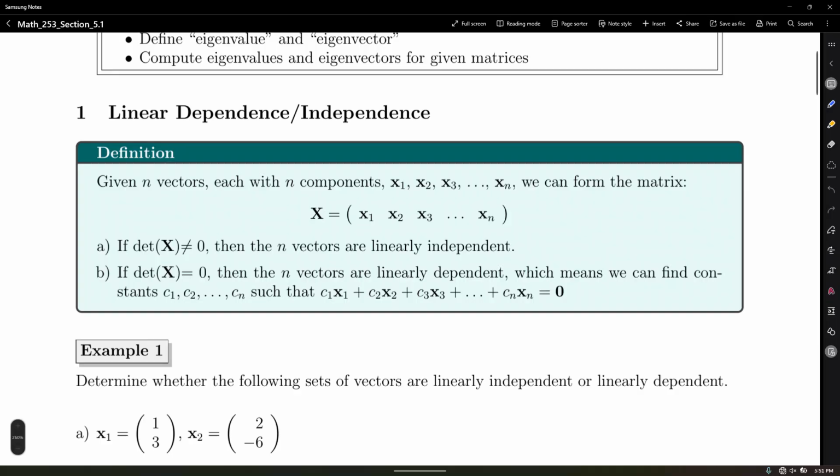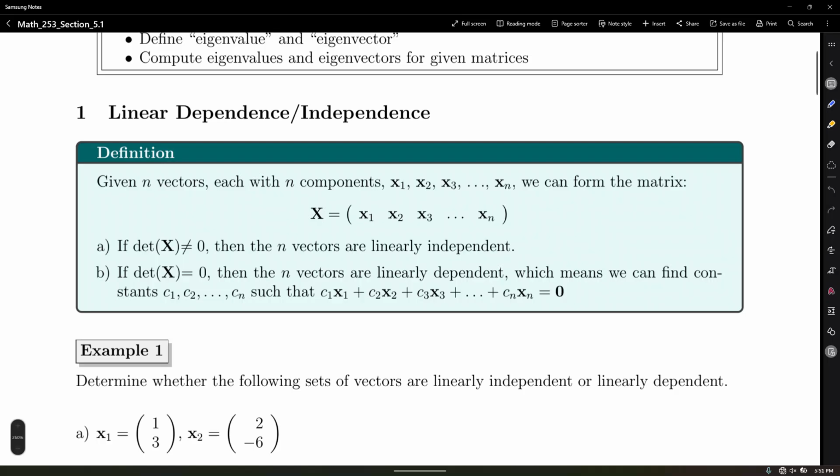We can form the following matrix, big X, whose entries are the column vectors x1, x2, x3, dot dot dot, xn. What should look familiar from before: if we compute the determinant of this matrix, and it's not equal to zero, then the n vectors in the set are linearly independent.